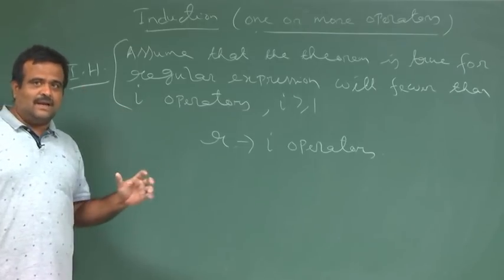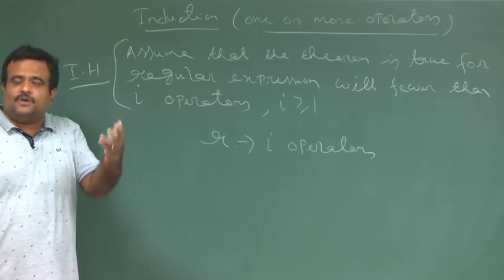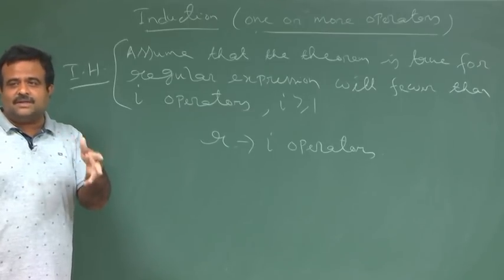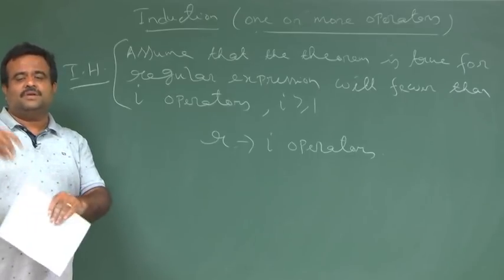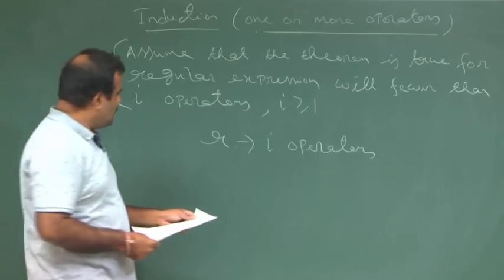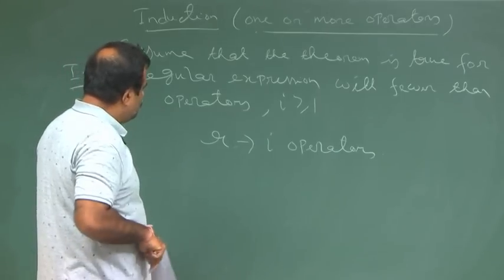And once we can show that, then, since we have already seen the base case, for I equal to 0, by the induction method we can say that we have an epsilon NFA for every I. So, that is the idea of the proof.